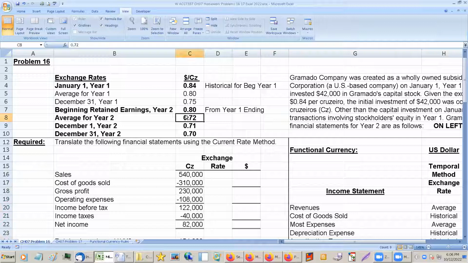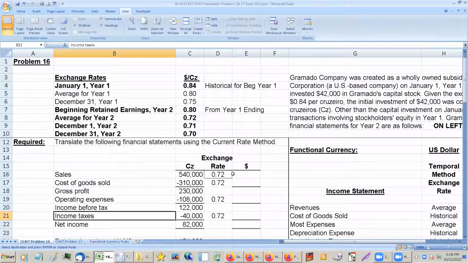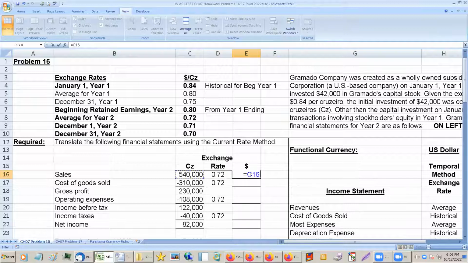So that'll be 72. Goes for everything. If there was like a sale of asset or something like that, we would use a historical, but there isn't anything like that there. So, all right.